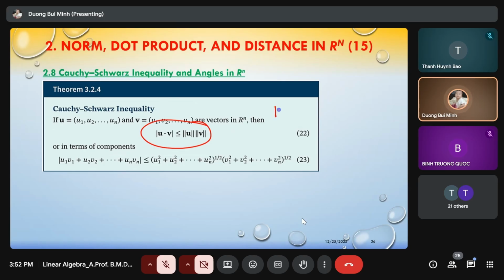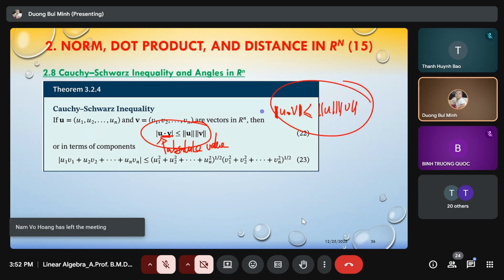So we have the absolute value of U dot V, because dot products may be positive or negative, so we have absolute values. The absolute value of U dot V is less than or equal to the length of U times the length of V. Just the Cauchy-Schwarz inequality.